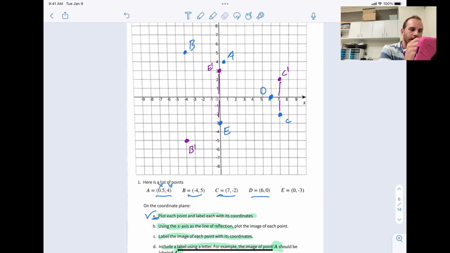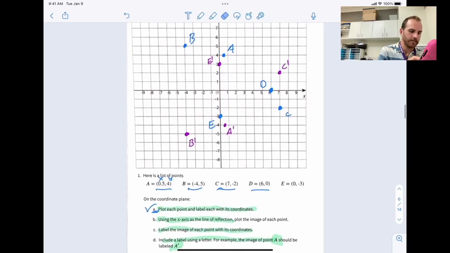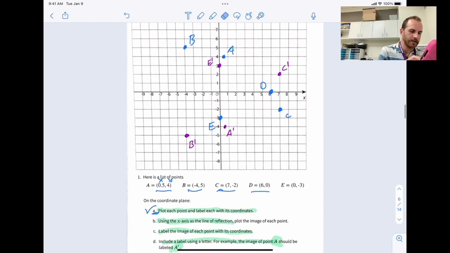And the same thing with A. It's really close to E, so I'm going to move that label here. A prime will be at 0.5, negative 4. That's the coordinate there. Plot the image of each point.